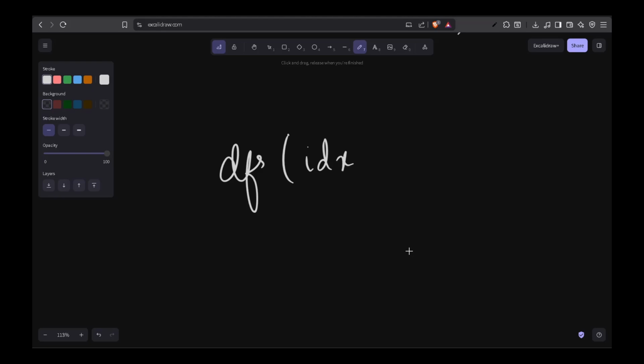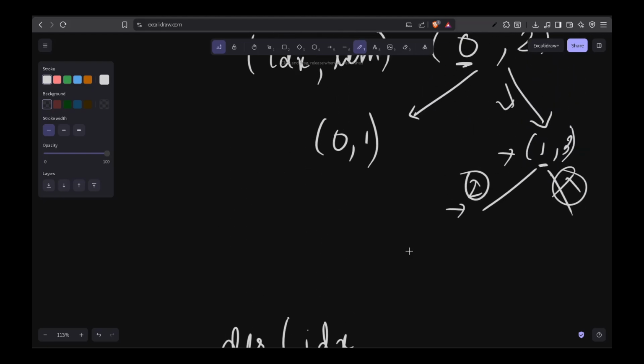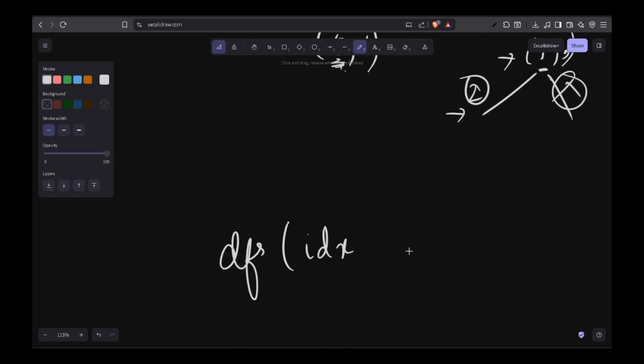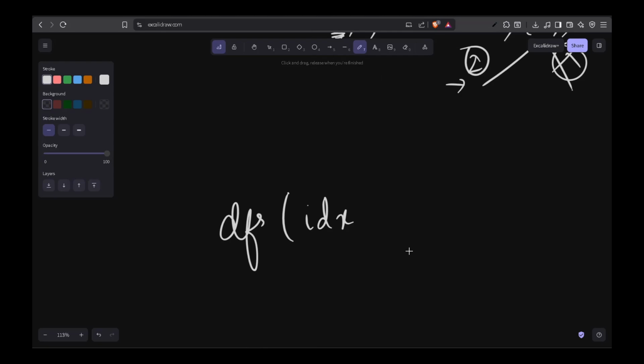That means we are using the current index like this. The index does not change, right? But what changes? The amount, remaining amount. So remaining becomes remaining minus the value present at IDX.